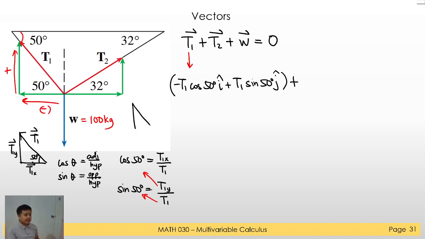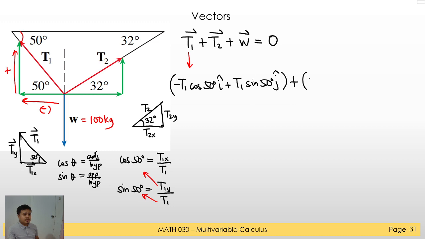For T2, we have this triangle to represent our components, T2x and T2y. The angle here is 32 degrees. So for the components of T2, I'll just do this directly, similar to what I did here.